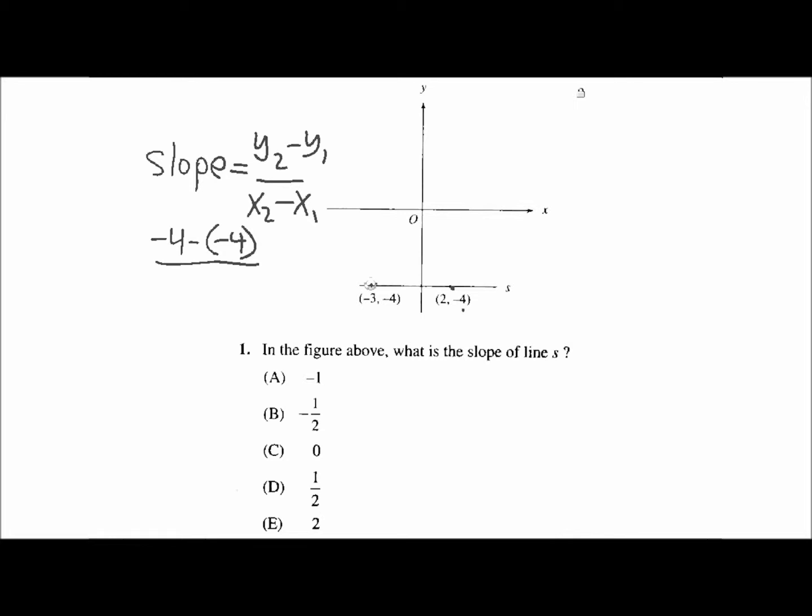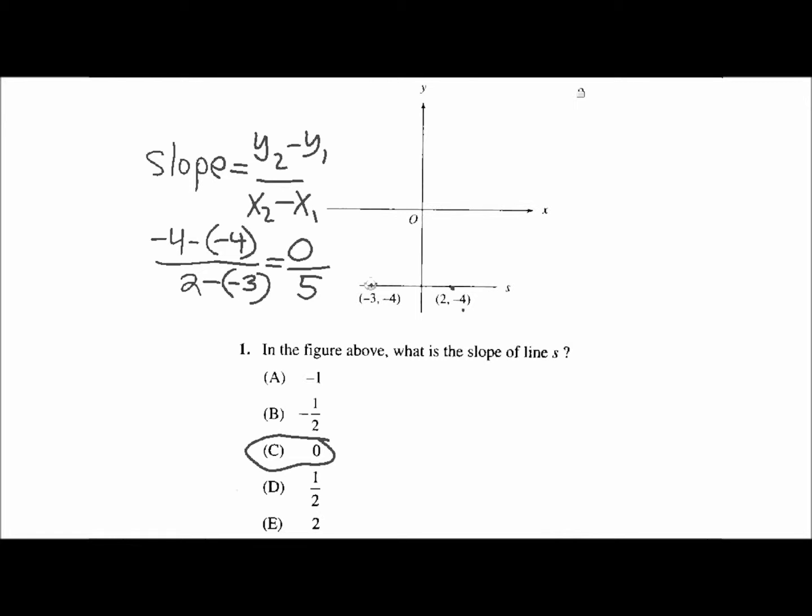And our x2 is a 2, and our x1 is a minus 3. Now that would equal, our denominator is going to be 5, and the top would end up being 0. And 0 over anything is going to be 0, so we know our slope is 0.